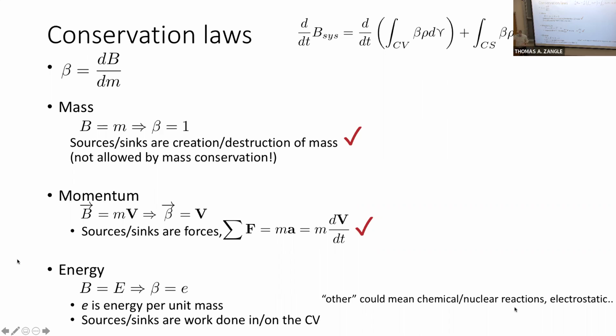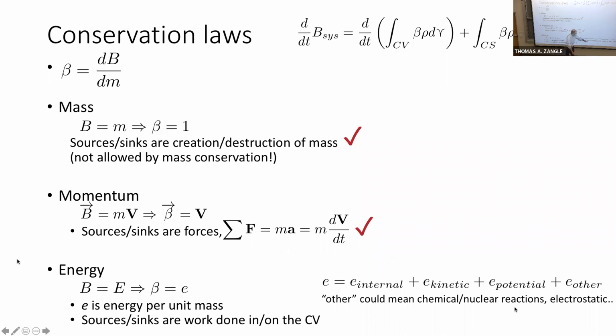And now when we look at this little e, this energy per unit mass, it's going to be the internal energy of the fluid plus the kinetic energy of the fluid plus the potential energy of the fluid plus other things.